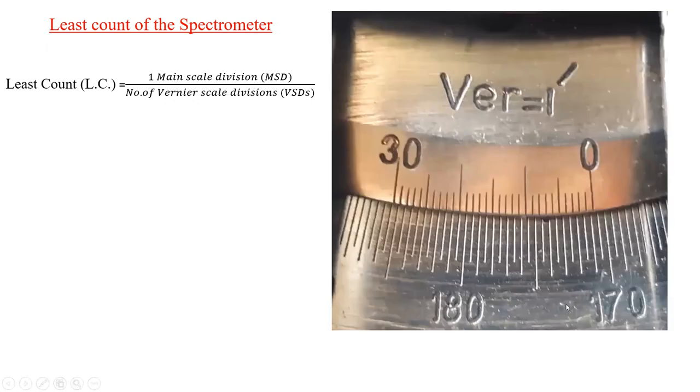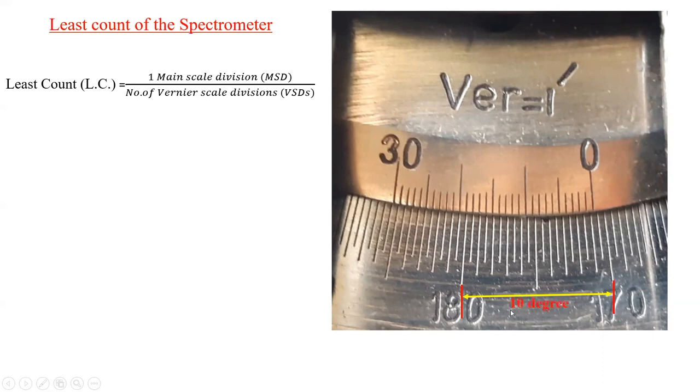If you take this main scale here from 170 to 180, that is 10 degrees. And if you observe, how many divisions are made between 170 and 180? 1, 2, 3, 4, 5, 6, 7, 8, 9, 10, another 10, so 20 divisions.